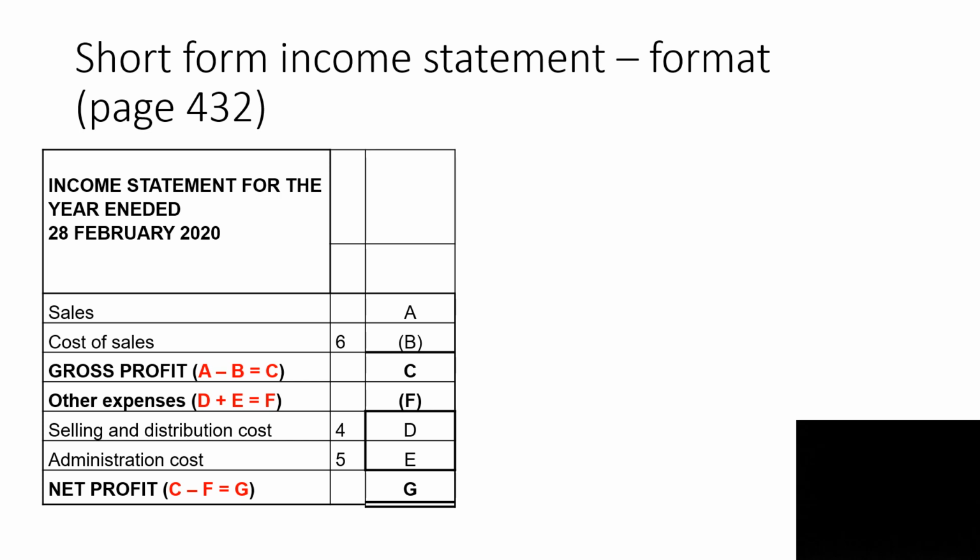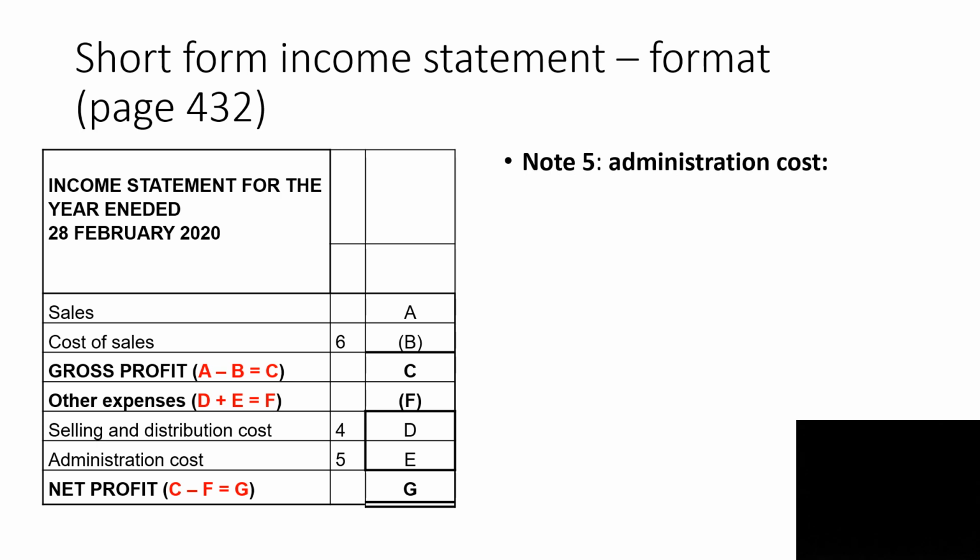Then our other expenses: selling and distribution from note 4 plus administration from note 5 to give us F. Now our net profit is calculated by saying our gross profit C minus our other expenses, the total F, to give us G.